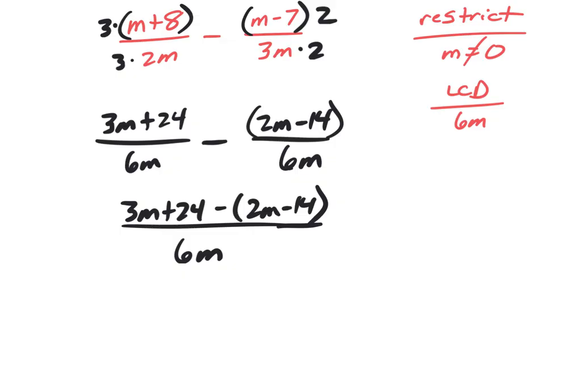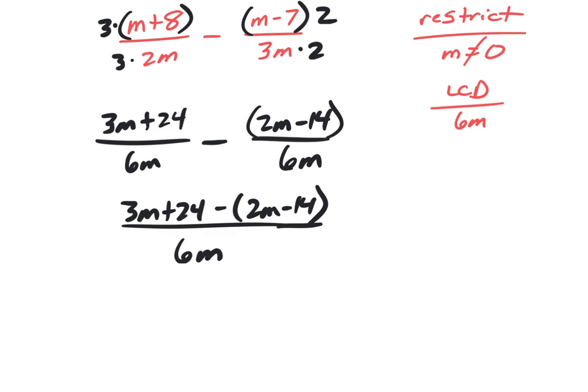Because now this minus sign that was between them has to be distributed. And once again, the most common mistake, and I'll say this a lot over the next week or so, people will subtract the 2m, but then they're going to forget to subtract the negative 14.